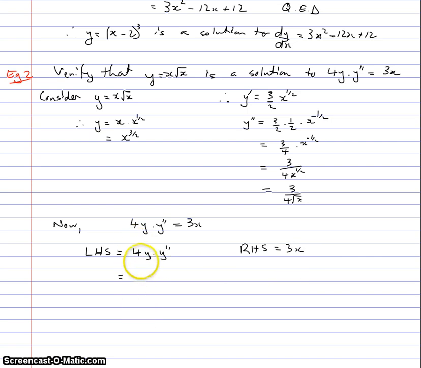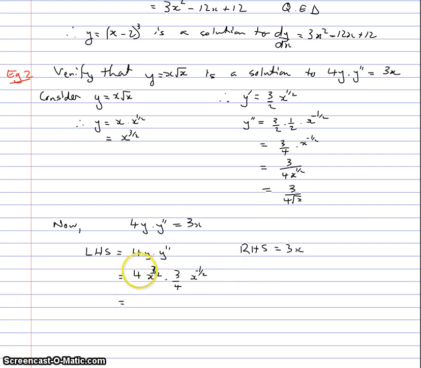Continuing down the left hand side, that's 4, and instead of y, we're going to write x to 3 over 2 times y double dash, and I might even just write it in this form here, 3 over 4 times x to the negative 1/2.